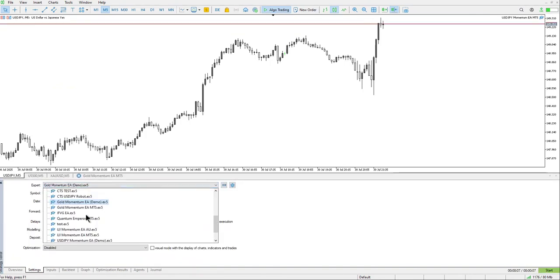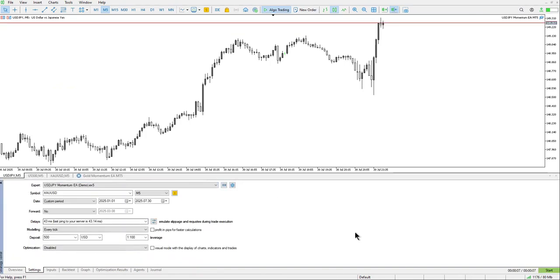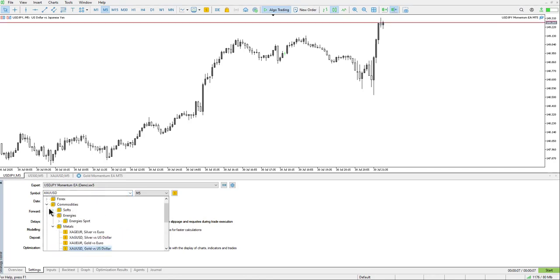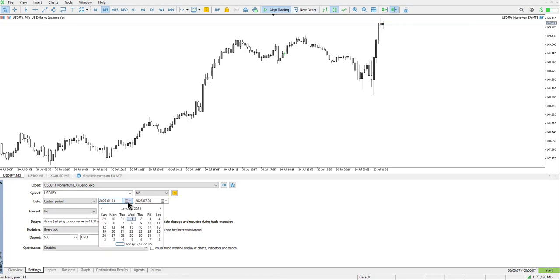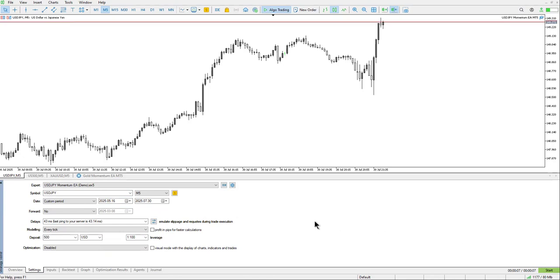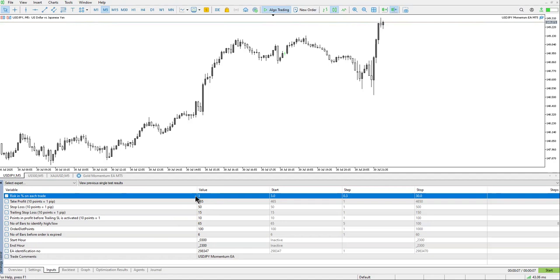So if I were to add the EA on the strategy tester and put it on the same exact time frame, so like I said, I added it on May 16th, which was here till today, and the deposit was $10,000 and the risk percentage was on 3.